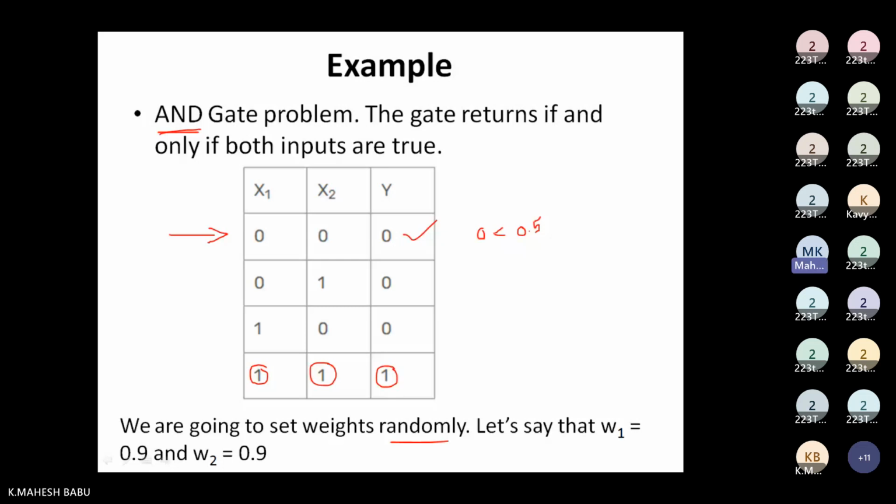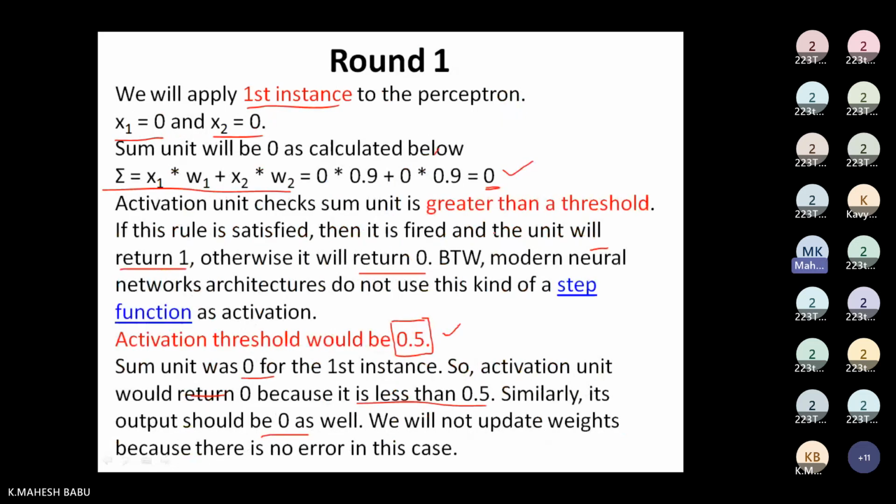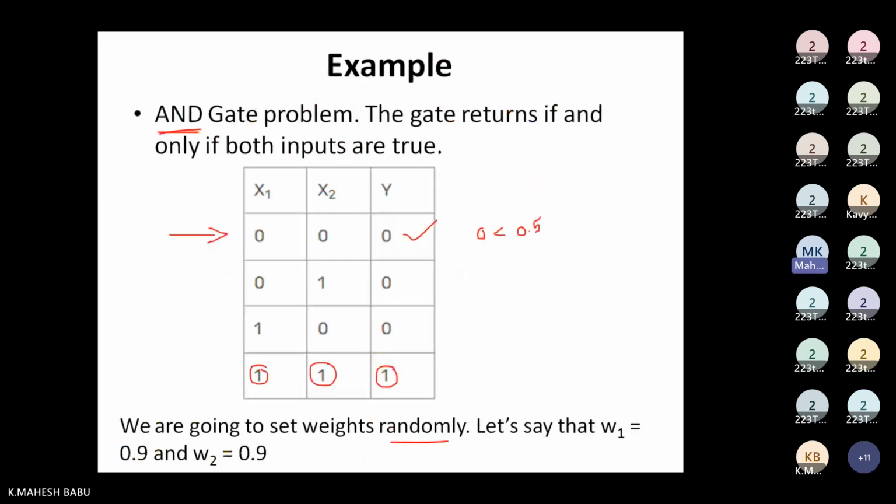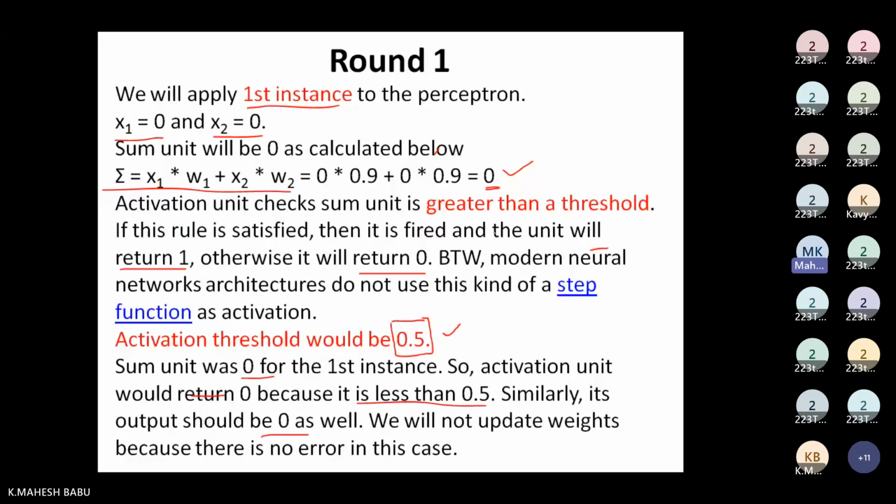In this particular case, the assumed weights 0.9 and 0.9 are going to satisfy. I'm verifying the same weights. Here we need not adjust any weights. There is no error in this case.